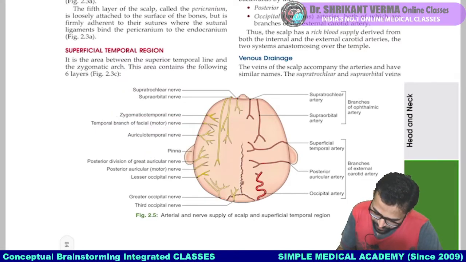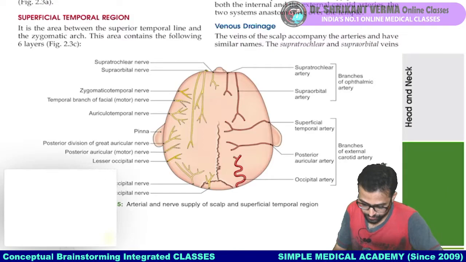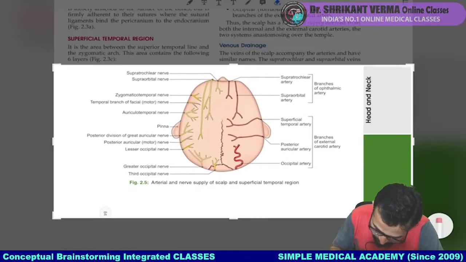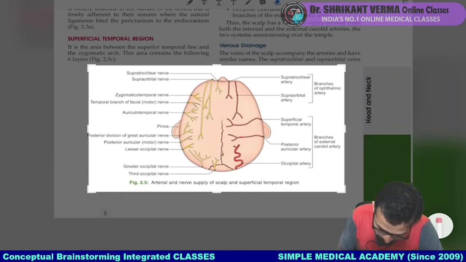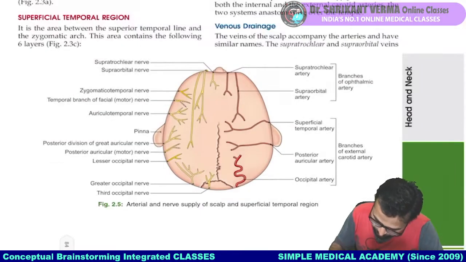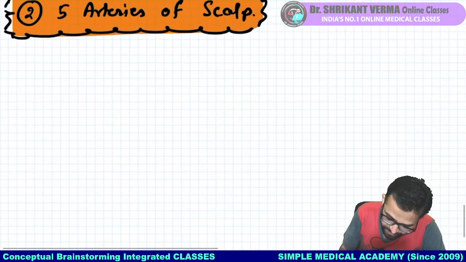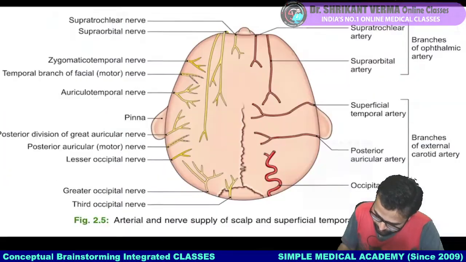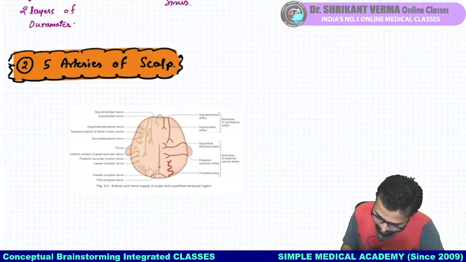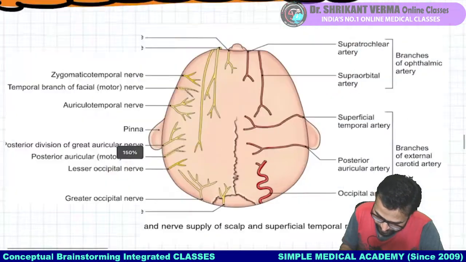This is the very beautiful diagram which is presenting all the arteries and the nerves. Five arteries of the scalp. Yes.